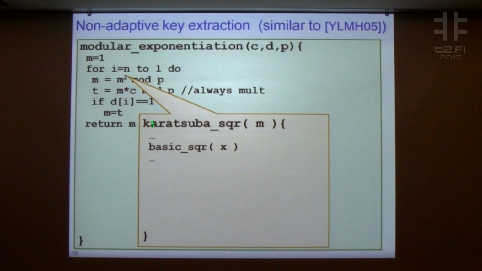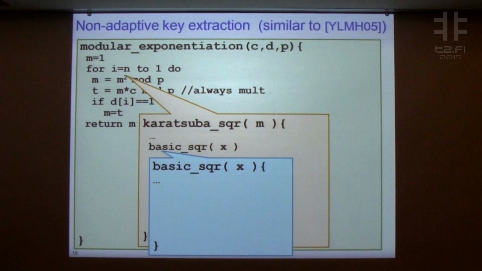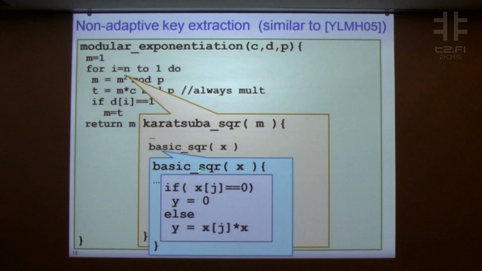And as in good recursion, it has a base case, which in our case is the basic squaring routine. The basic squaring routine is the algorithm you can all think about: it takes the big number x, divided into words, and for each word of x, it multiplies it by the entire x, puts the result in some accumulator, and continues to the next word.